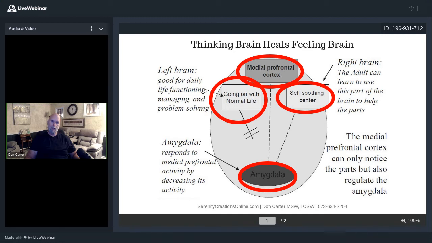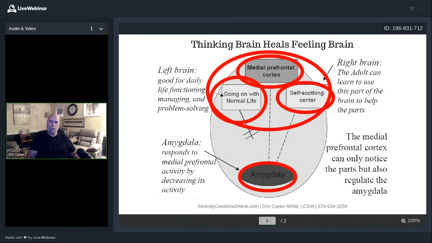So all of these are called our adult resources. They're in our thinking brain, and these are the emotional reactive states that get triggered. So the right brain, the adult, can learn to use this part in order to help the various wounded parts.